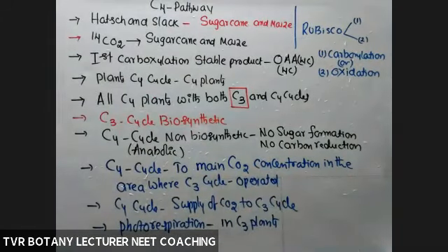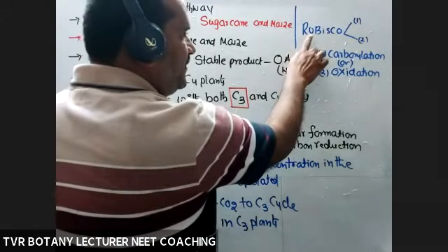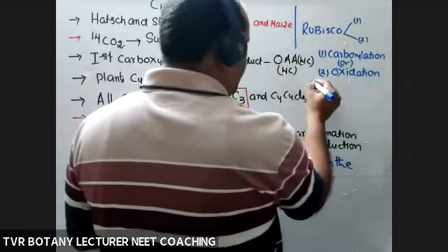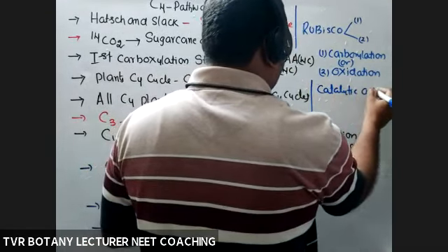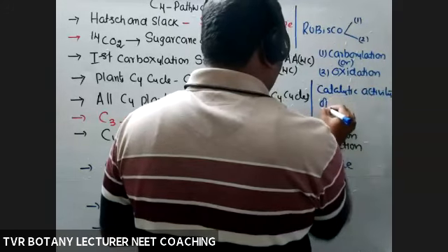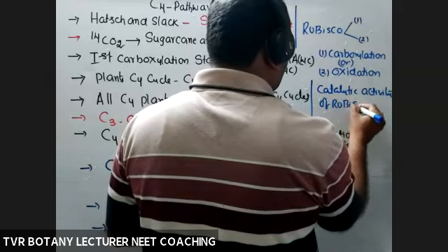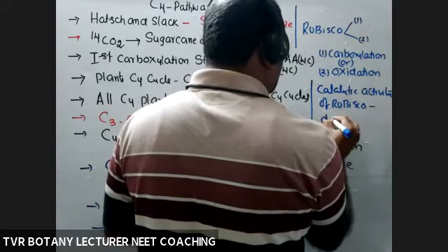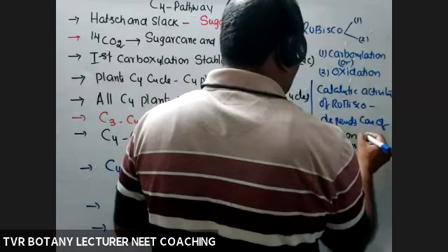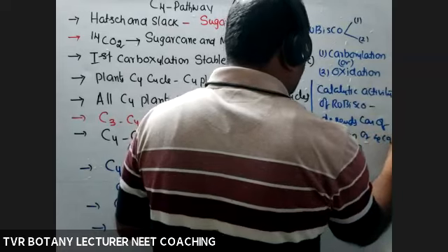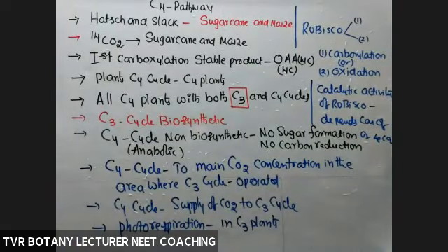So in the C3 cycle, carboxylation is possible if the concentration of CO2 is more than the concentration of oxygen. So the catalytic activity of the Rubisco enzyme depends on the concentration of oxygen and CO2.